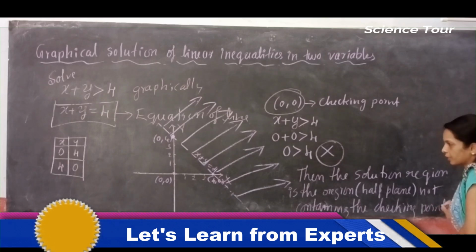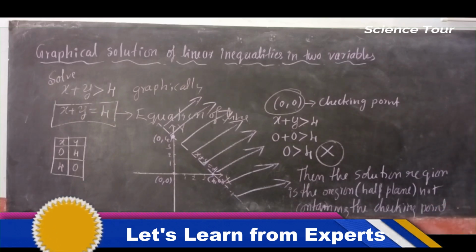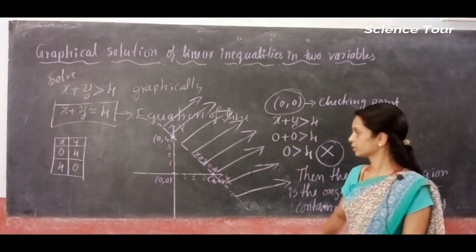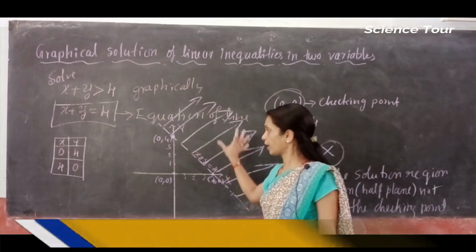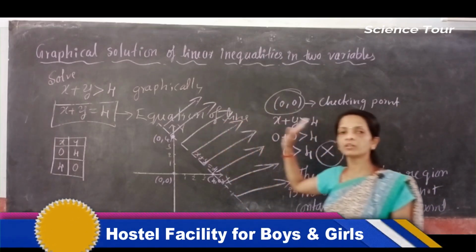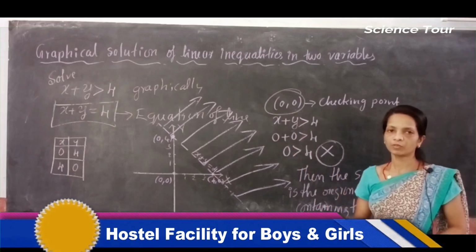You have to observe that carefully, in which half plane you are not having a checking point, that half plane you have to shade, and that shaded region will be the solution region for the given inequality.